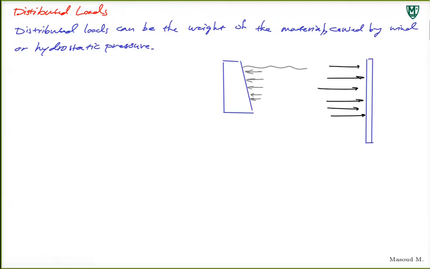Once you have this distributed load, say this is a wind turbine tower and wind is blowing, if you know the distribution of this distributed load, the way it's distributed along this tower or along the dam for water, you can actually find the equivalent concentrated load.